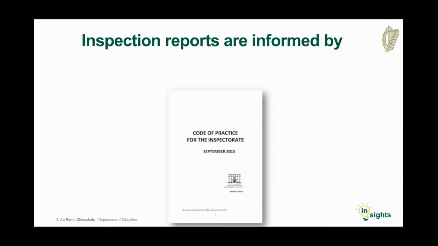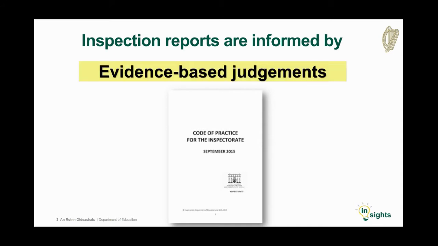We report objectively and fairly on the quality of provision experienced by children. Inspection reports provide evidence-based judgments about the quality of the ECCE programme provided in your setting. Inspection reports provide information to the public, including parents, on the quality of education in early learning and care centres.